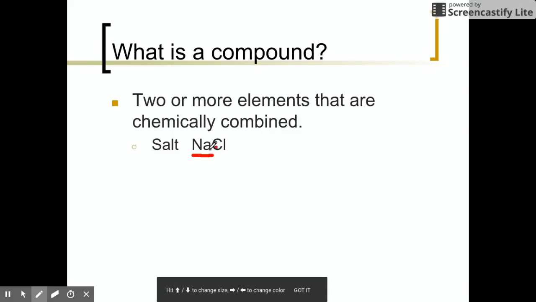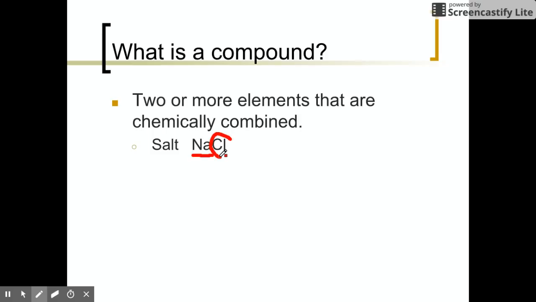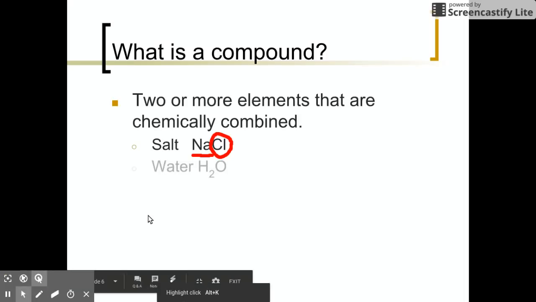That lets us know that the a belongs to the N. So this whole symbol, Na, is sodium. The capital C and the lowercase l tell us that these go together. So in the compound salt, there is sodium, and Cl is chlorine. Hopefully you've been studying your 30 elements, and this should come pretty quickly for you at this point.